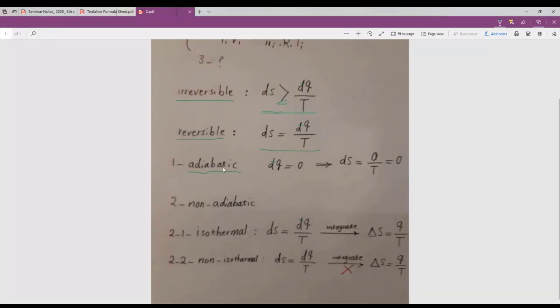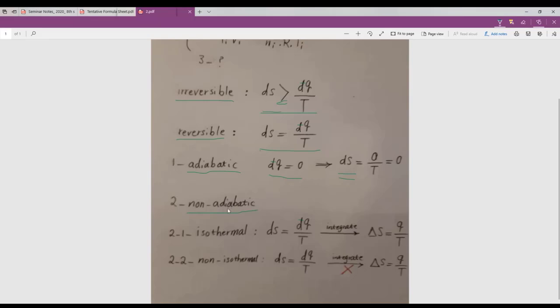This means that dq is 0 because it's adiabatic, so we can simply plug this value into this equation to calculate dS, which is 0 for an adiabatic reversible process.